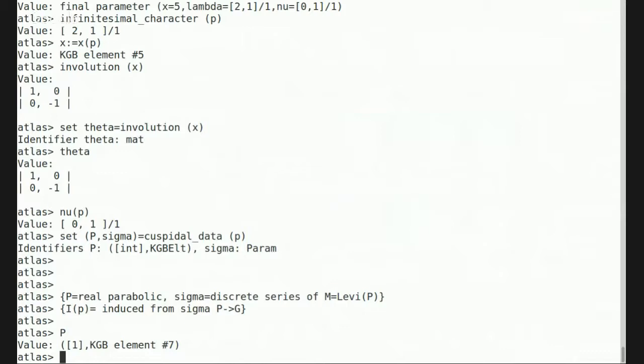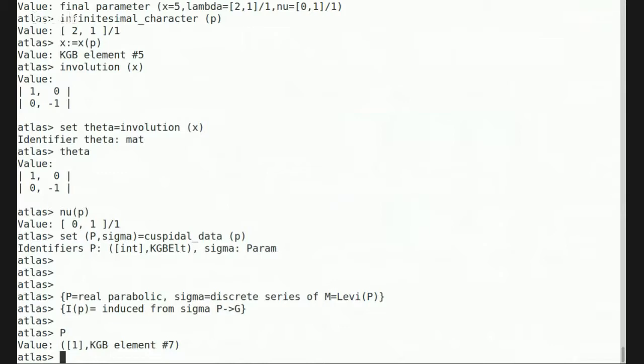That one is the roots in the Levi factor, and this KGB element has to do with K orbits on G mod P, which is a quotient of K orbits on G mod B.